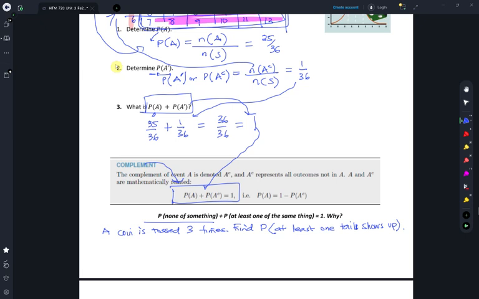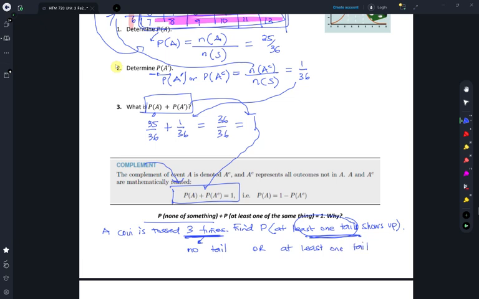A very notable fact is in tossing the coin 3 times, we are looking at the fact that you either get no tail or at least one tail. So it's either you get no tail or at least one tail shows up.